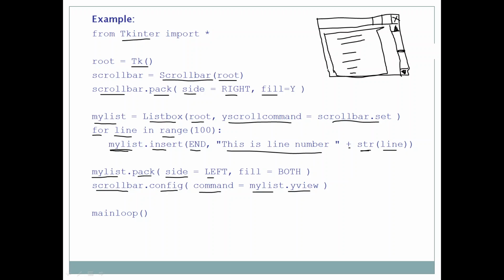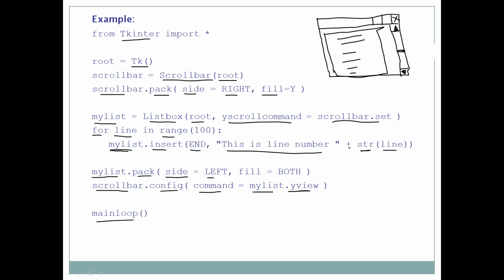So whenever we click on the scroll bar, it is going to call the mylist yview method, and what yview does is simply scroll the contents of a list box vertically. Again, the amount of scrolling depends on where we have clicked on the scroll bar. And lastly, we have called mainloop. So the program starts execution there, and it will be an infinite loop so that we can see our GUI.